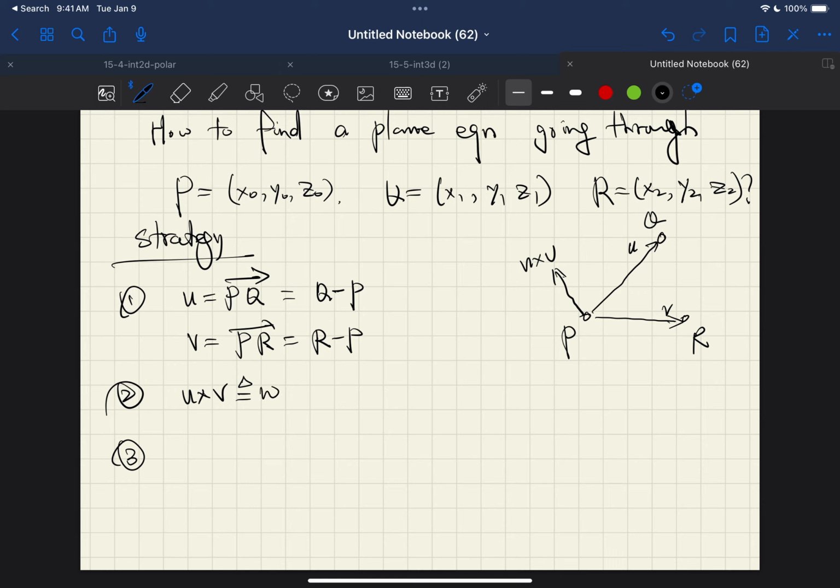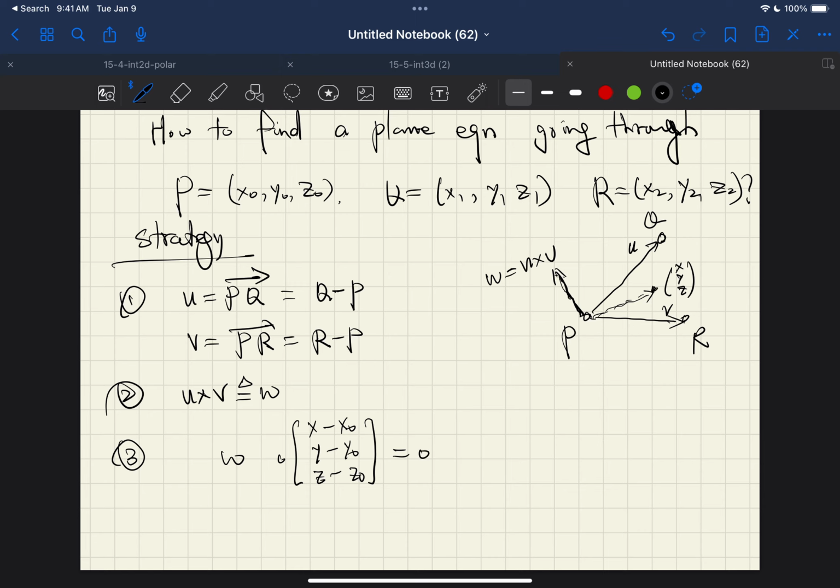And then we know that any point, suppose this is any point on this plane going through PQR, if you connect them, this is also going to be perpendicular to W. So suppose this point is X, Y, Z. Then this arrow is X minus X0, Y minus Y0, Z minus Z0, and the dot product with W must be 0.